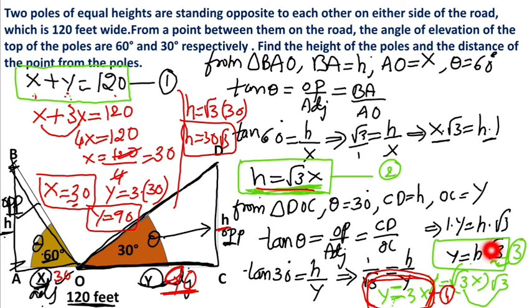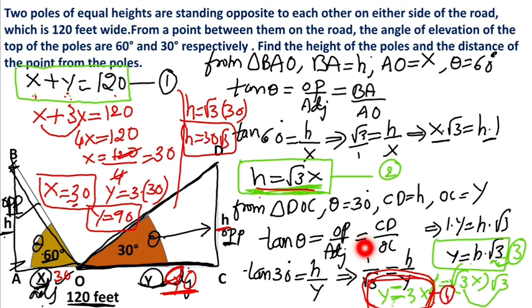Just observe that to solve the problem, we have to observe the equations. Observe the second equation, h is equal to root 3x. So instead of h we can write root 3x. Just substitute that. Then we get y is equal to 3x. In the x and y variables, there is one other equation, that is equation 1, x plus y is equal to 120.